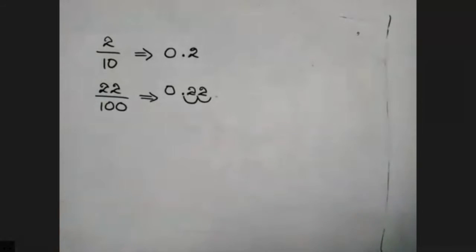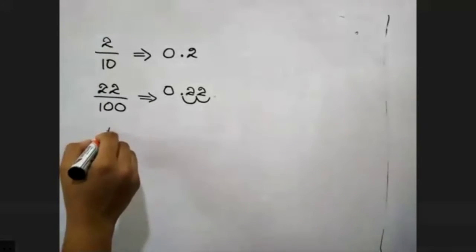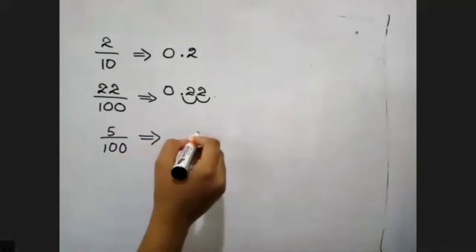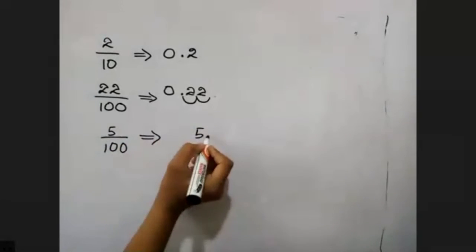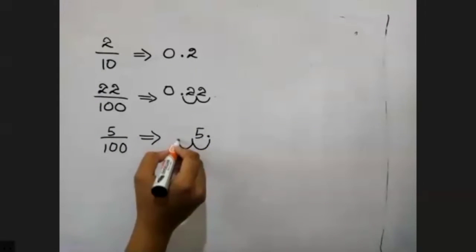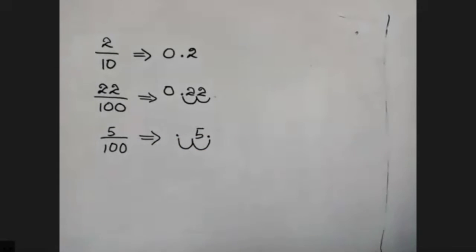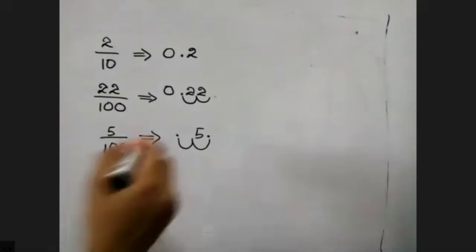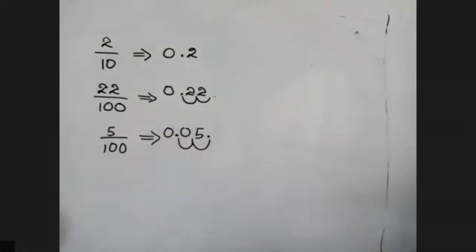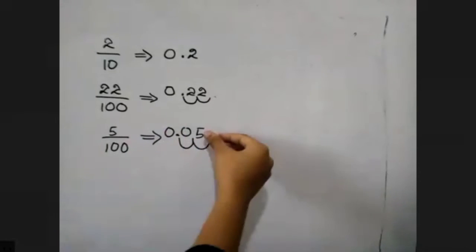Another example, 5 over 100, a single digit over 100. I can write my whole number, decimal point here. I can move twice, 1, 2. The decimal point came here. Now I can write down here 0.05. In this gap, I fill another 0. Now I don't have a decimal here.